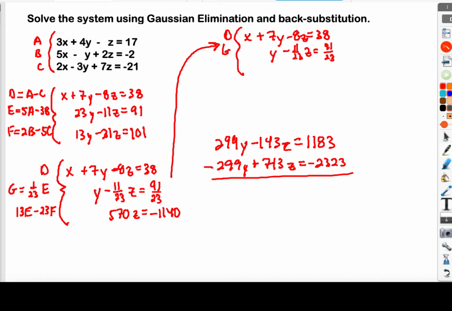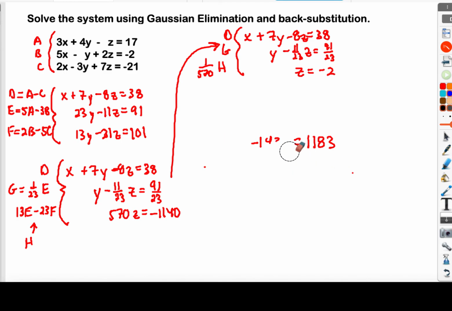And finally, this is equation H. What I really want to do is take equation H and divide away that 570. So I'm going to take 1 over 570 times equation H, so that 570 divided by 570 is z, and negative 1140 divided by 570 is simply negative 2. If we get rid of this side note, I've got a little more room to write again.